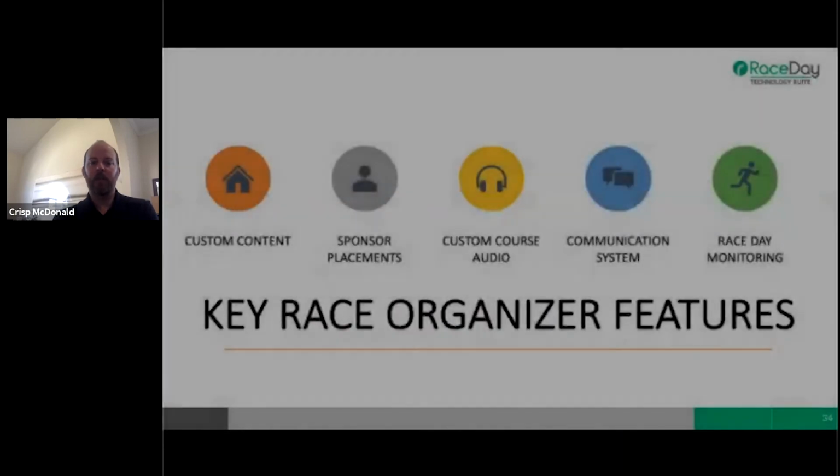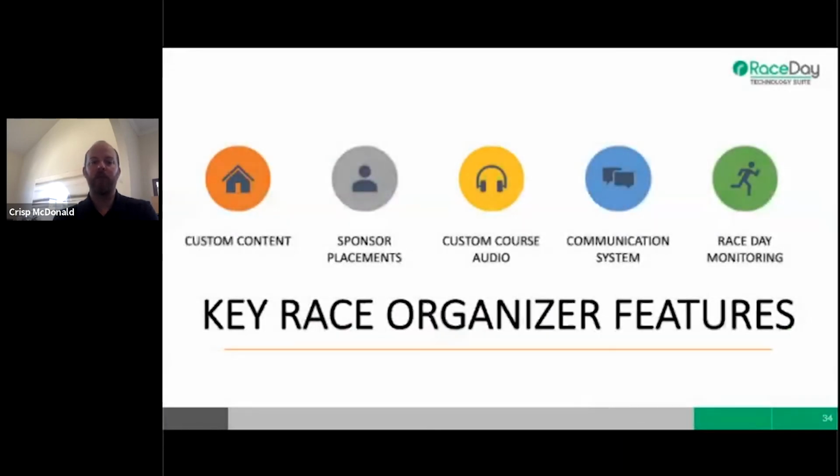So again, as an organizer, you have the ability to customize the content, drop in sponsors. You have audio for the athletes. You have a communication system to get information out to your athletes that are on course. And then for you, you can monitor on the back end.